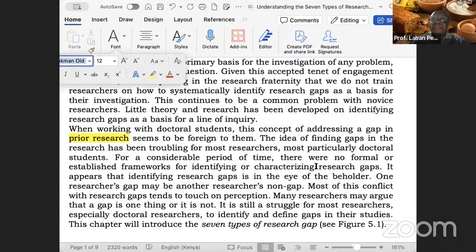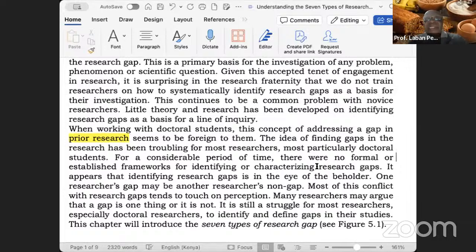People just read literature review, but some even say, I have a problem, but they don't see that problem as a gap, because you must see it as a gap of some kind. Then you will bring the right articles to study for your literature to address or fill that gap.